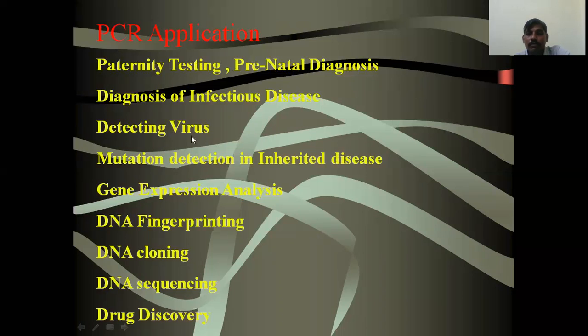These are different types of viruses we can detect by the virus load in the patient sample cells. In this process, PCR application is helpful to identify the pathogen or the viruses.